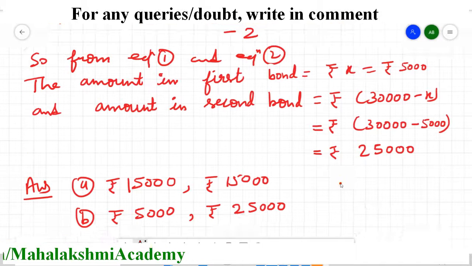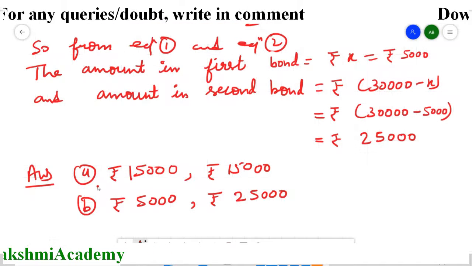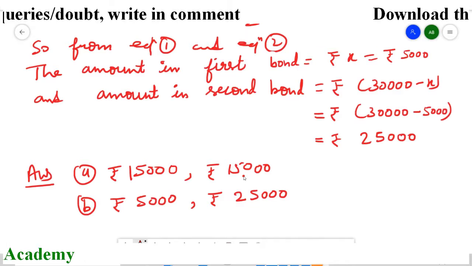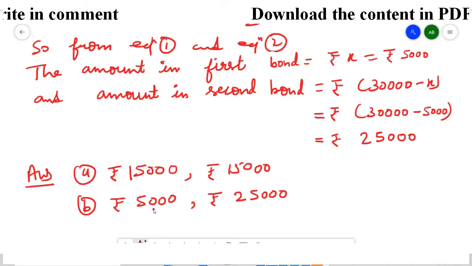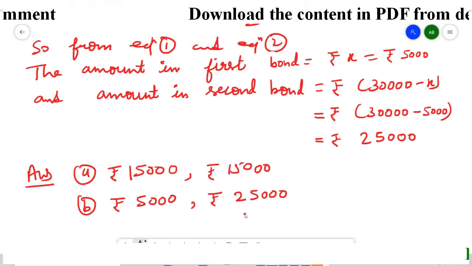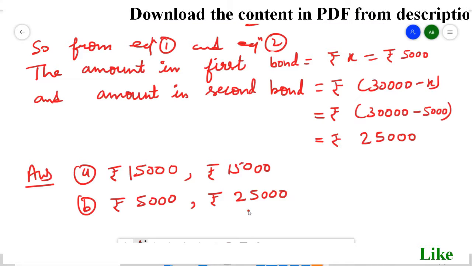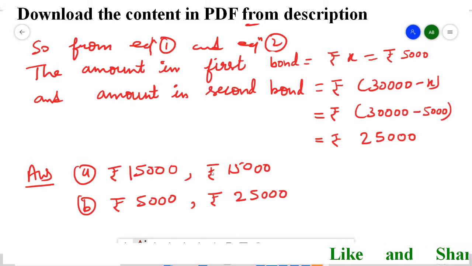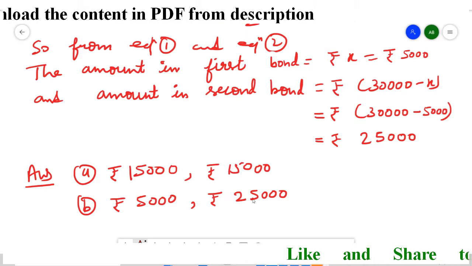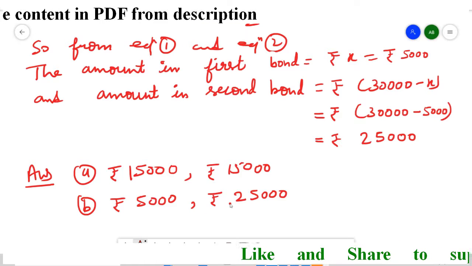So we get two answers for the two questions. For part A, both bonds have amount 15,000 respectively, and in part B, the first bond has rupees 5,000 and the second bond has rupees 25,000 respectively. And you can check that the sum is always 30,000 because 30,000 is split into two parts.